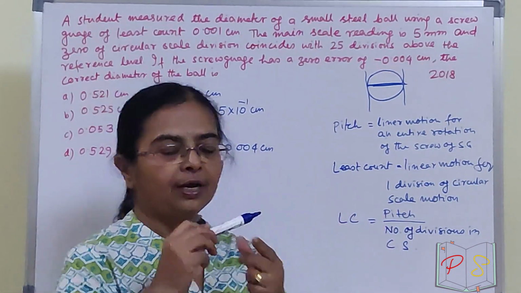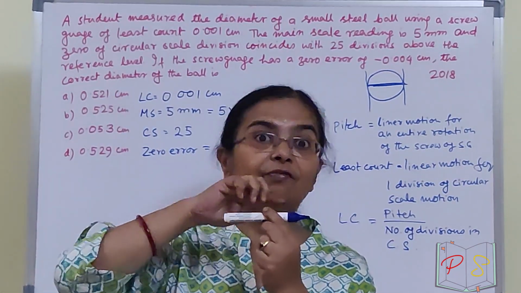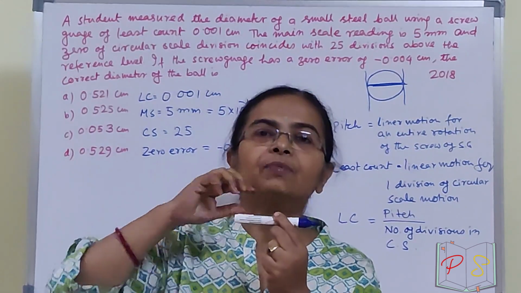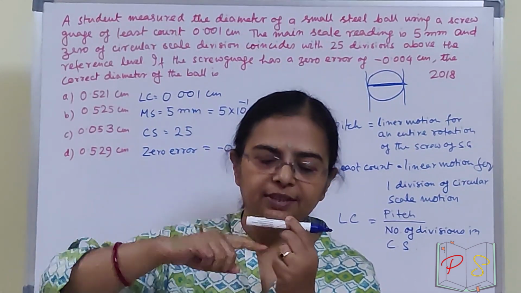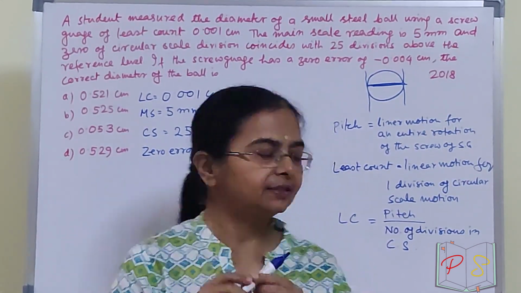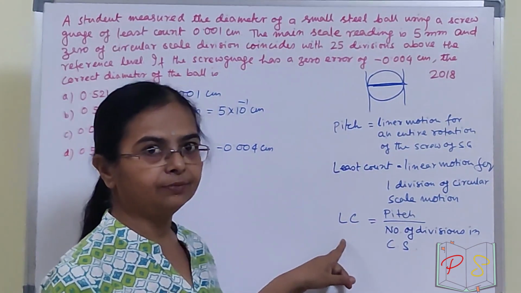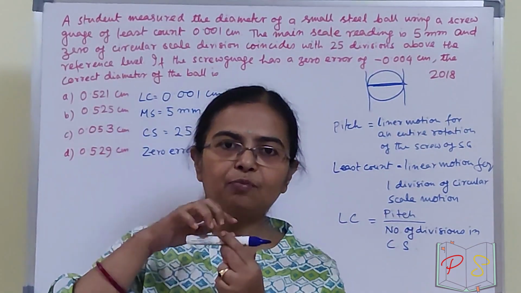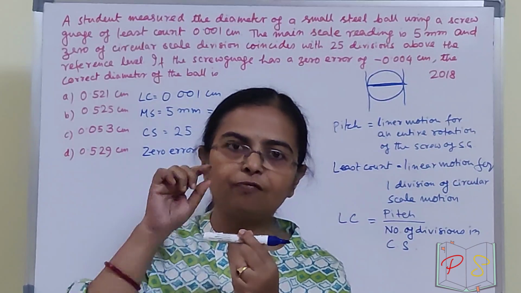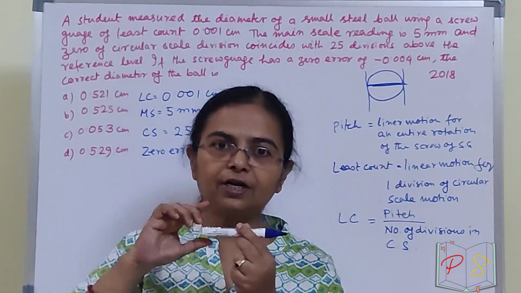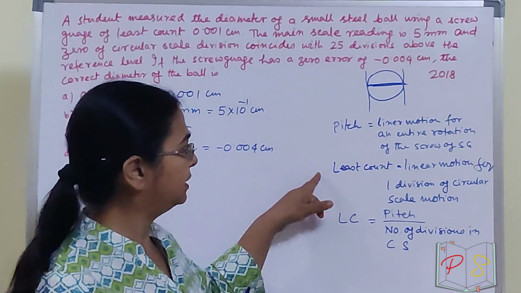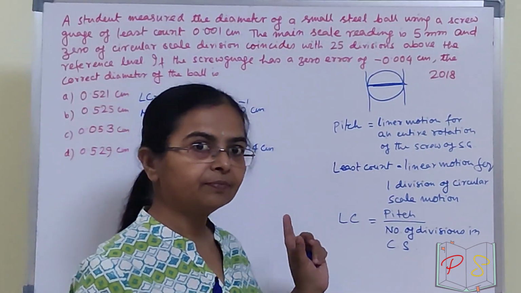When you divide pitch by the number of circular scale divisions, you get least count. That is the linear movement for rotation of one division of circular scale. Clear? These two definitions are clear.